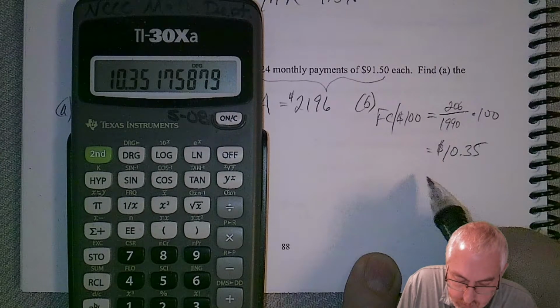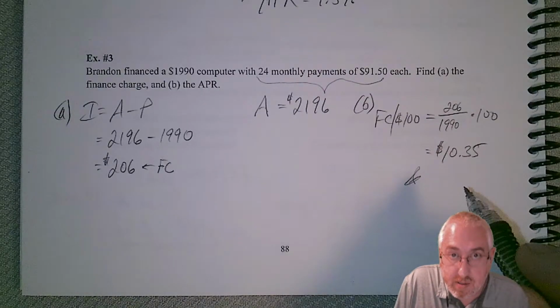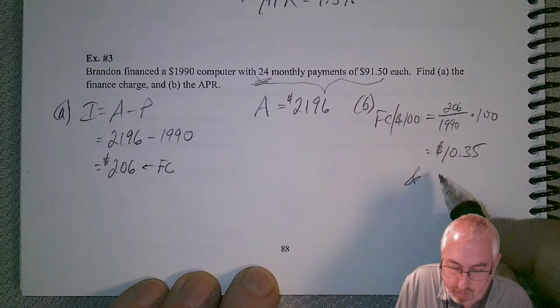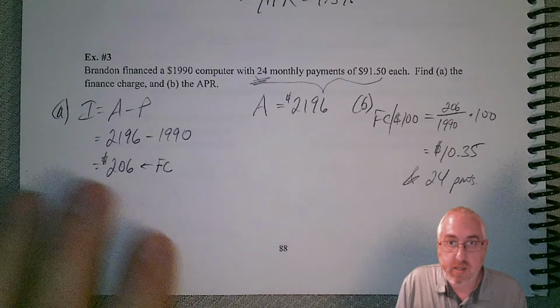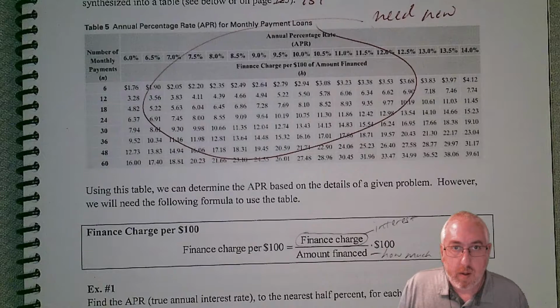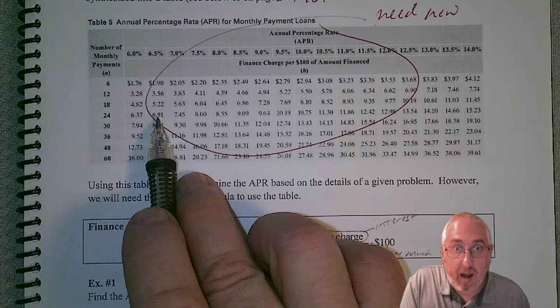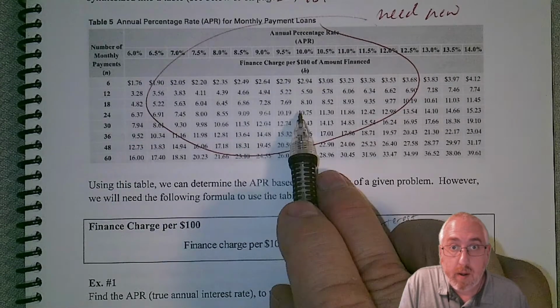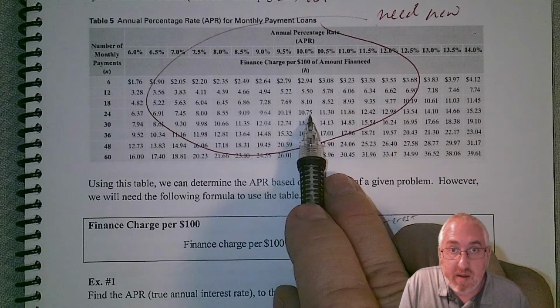And how many payments? 24. So let's see what the table tells us. So 24 payments and 10.35. Oh, 10.19, 10.75.